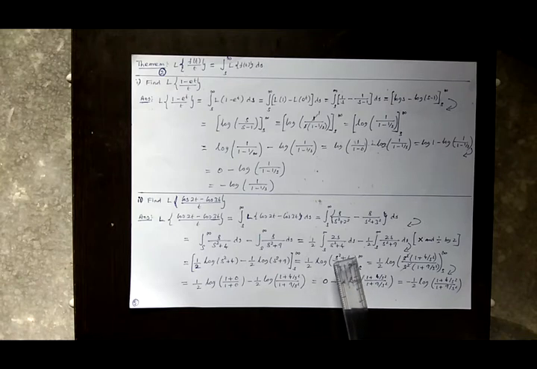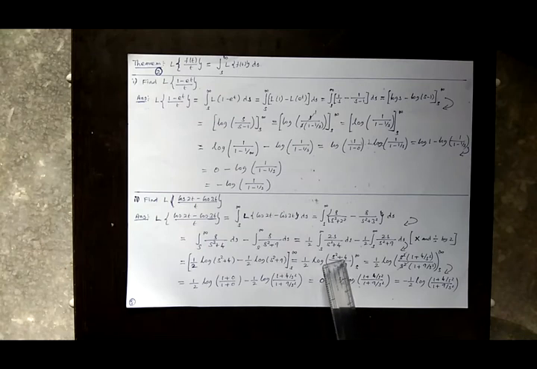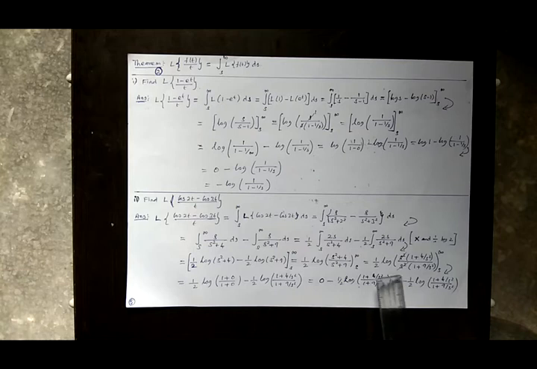We want to apply the limit infinity for s. So as we have seen in the previous problem, you take s squared outside from the numerator. The same s squared should be taken out from the denominator also. So after cancelling these s squared, we get 1 by 2 into log of (1 plus 4 by s squared) by (1 plus 9 by s squared).